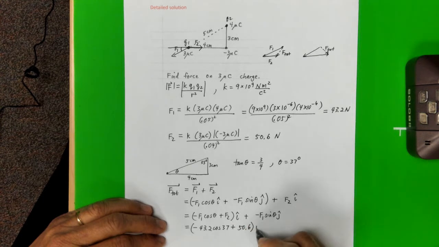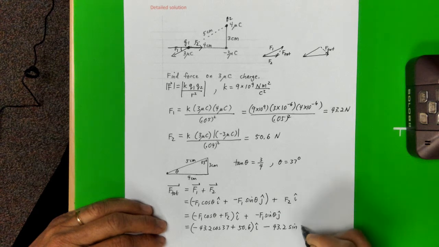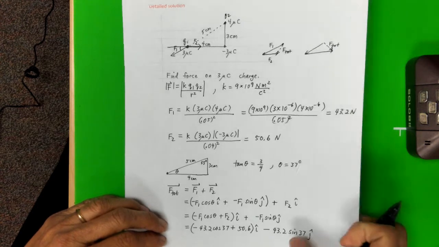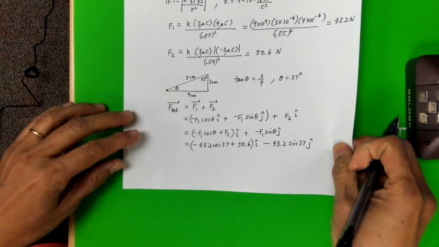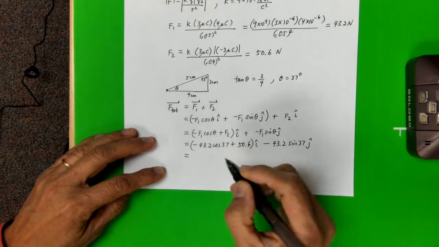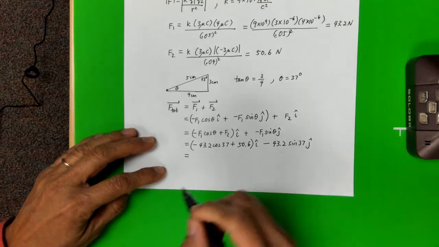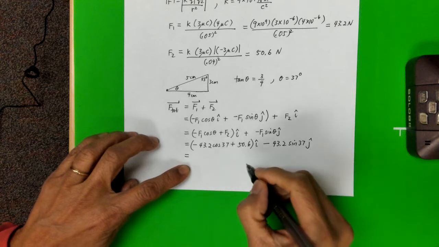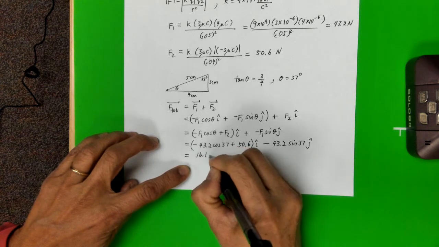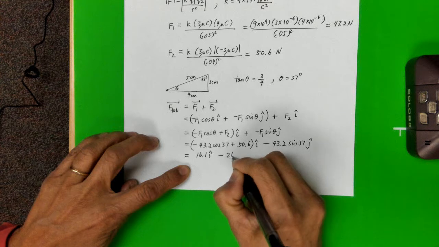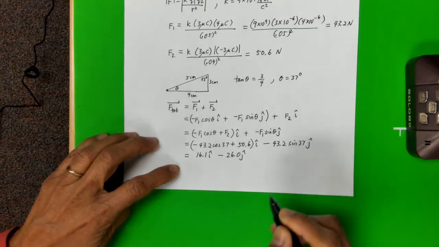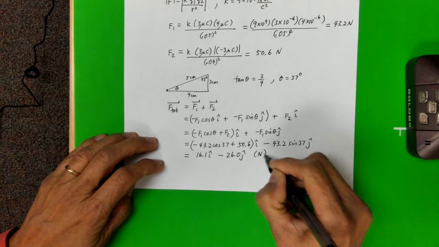So that's a number you can put into your calculator. Minus F1, which is 43.2 sine 37 j hat. So you take that and you stick it into your calculator. I'm going to move the paper up like this. And what I got was ultimately 16.1 i hat minus 26.0 j hat. And these are in newtons.